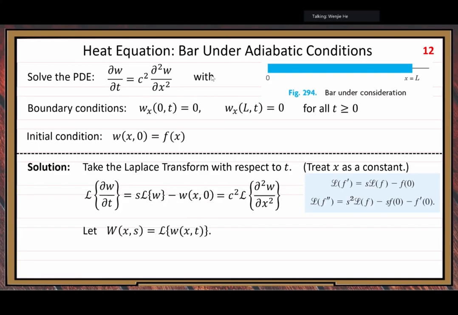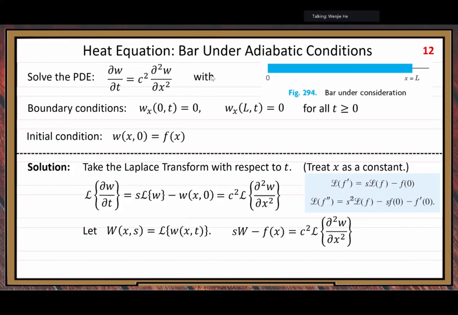We let capital W be the Laplace transform. So s times capital W minus little f equals that.